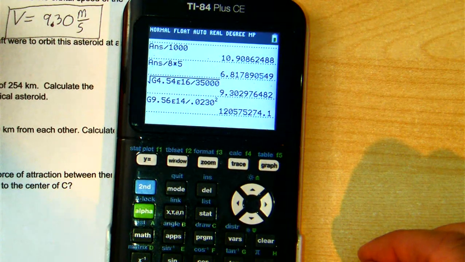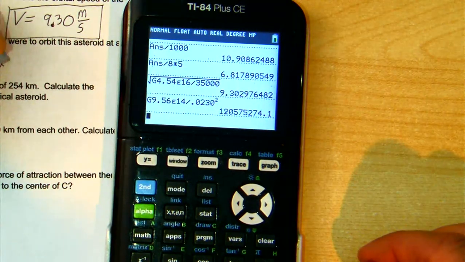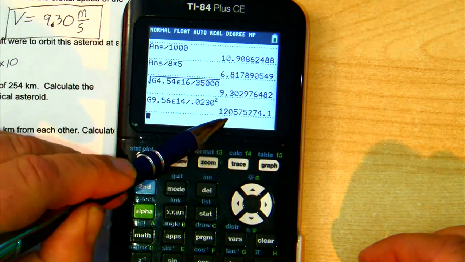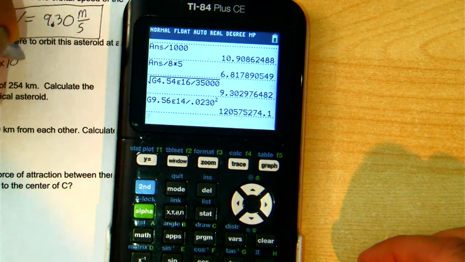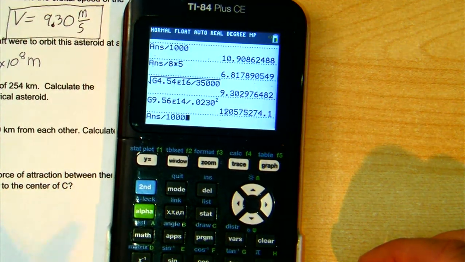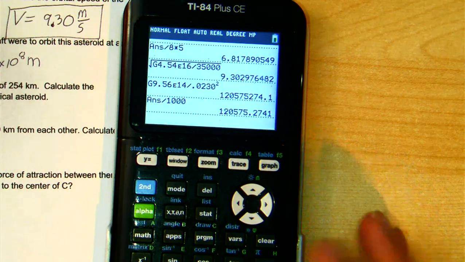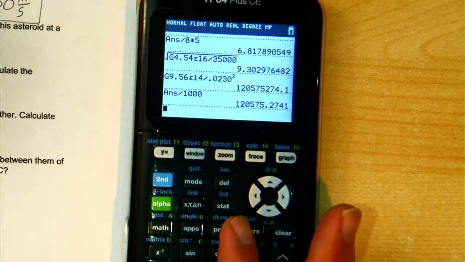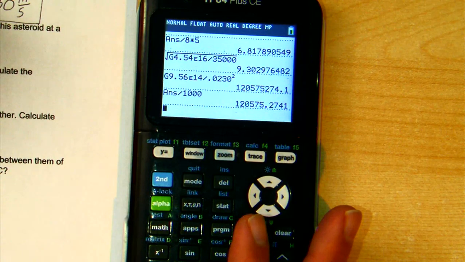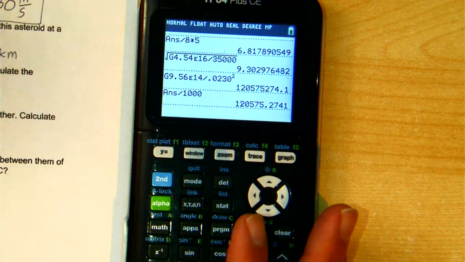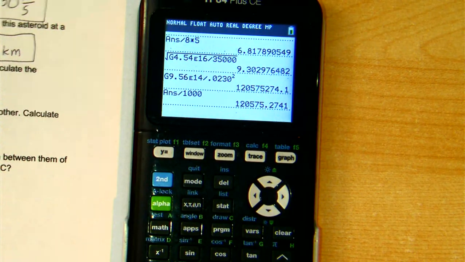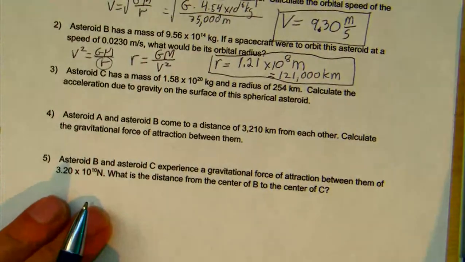I'm going to say 1.21 times 10 to the 8th power meters. If I divide that by 1,000, that'll at least turn it into kilometers. So I can say that this is 121,000 kilometers, which is a little bit easier for me to visualize. 121,000 kilometers.